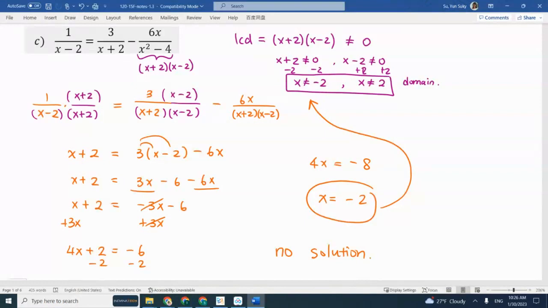X cannot be -2, therefore, no solution. Oh, because that's the denominator. That's why. So this part is like solving it.